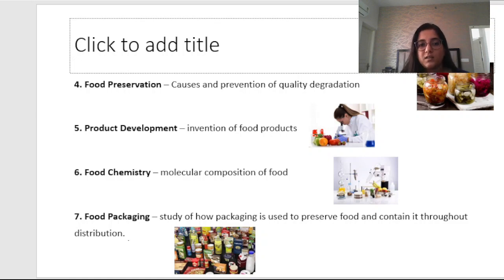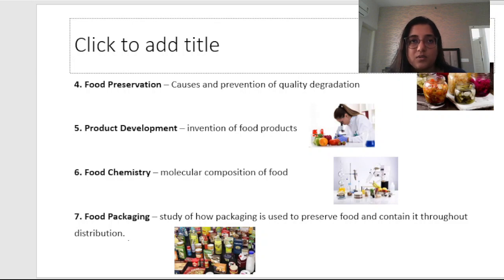The next part of food science is food chemistry. So food chemistry includes the molecular composition of food, and what are the changes happening in that when we are processing that food. So that is all a part of food chemistry, and food chemistry also helps in understanding, sometimes there are toxins produced in foods.